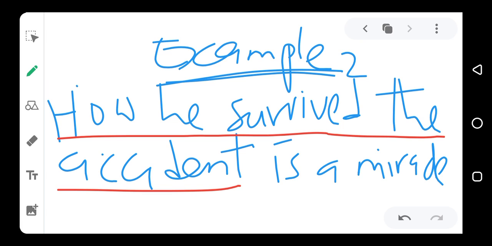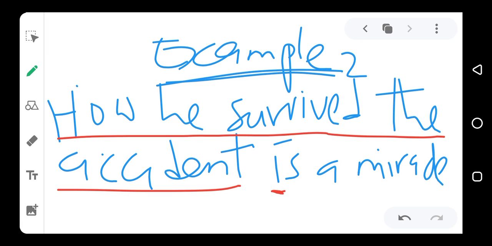Now, looking at this group of words, it is coming immediately before a verb, is. It is coming before the word is. Nothing separates it from the word is.